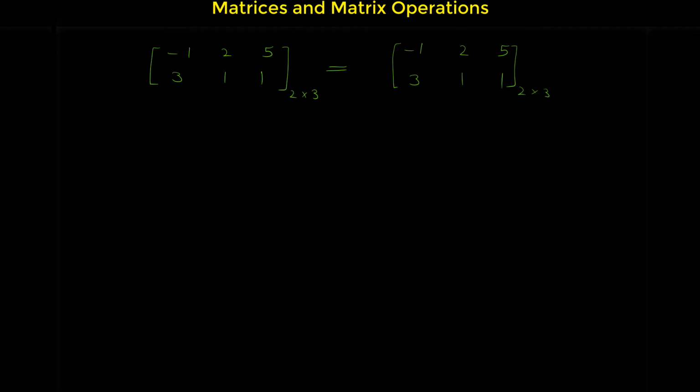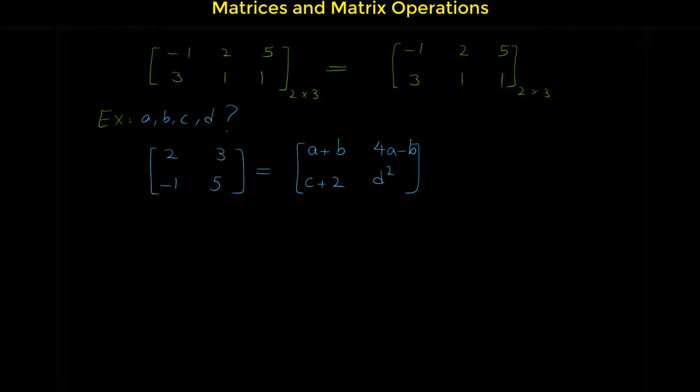Now let's try one example. Find the values of A, B, C, and D such that this matrix 2, 3, -1, 5 is equal to this matrix: A plus B, 4A minus B, C plus 2, and finally D squared plus 1.